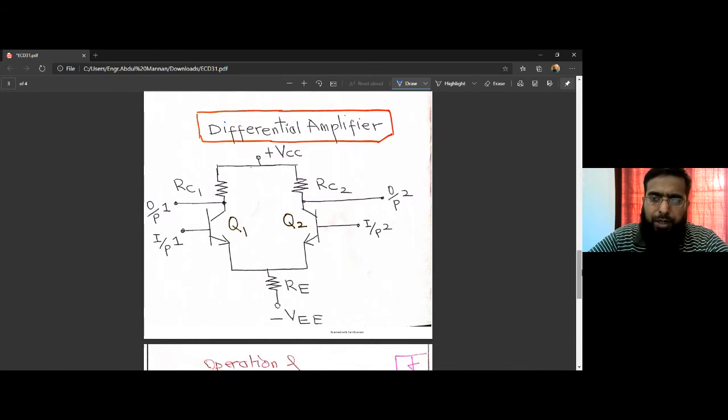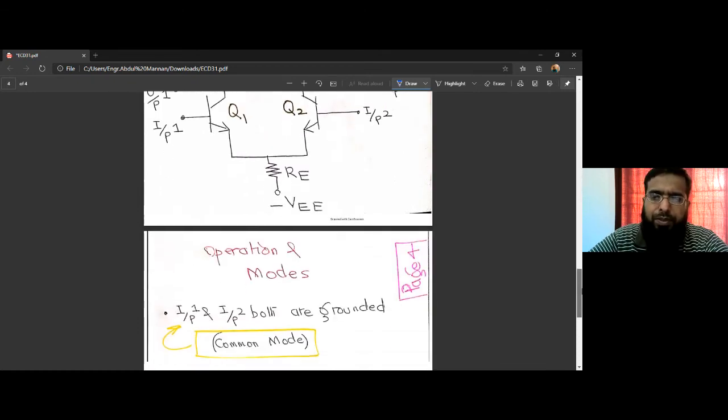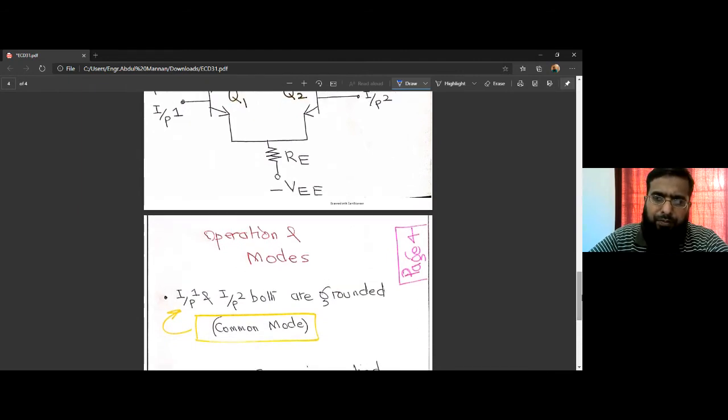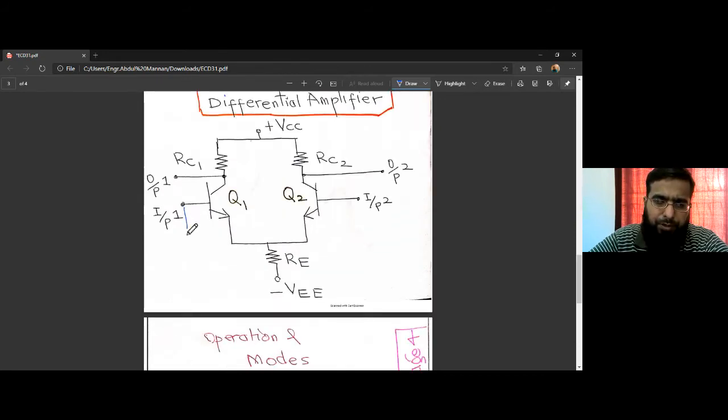So let's see how it works when both inputs are grounded. The first mode is when both the inputs are grounded. What happens then? Since this is a negative voltage, negative VEE, the base-emitter junction would be on and there will be a current flowing between base and emitter for Q1 as well as for Q2.